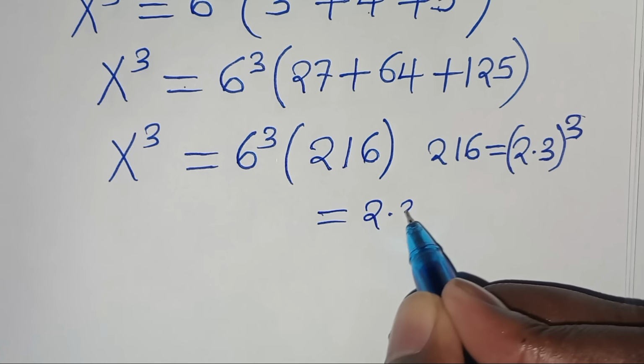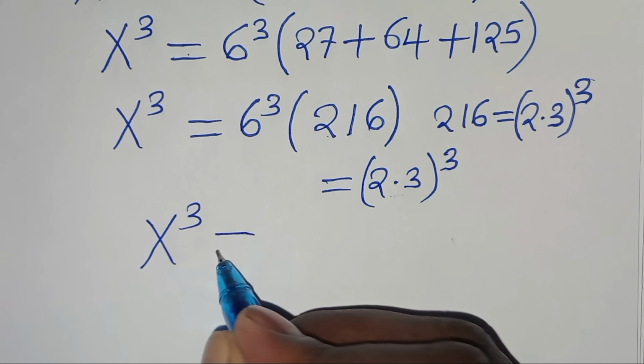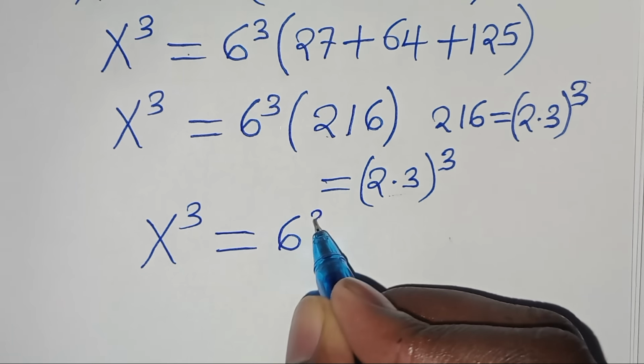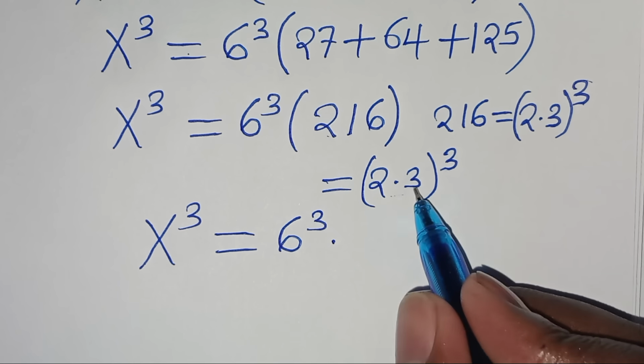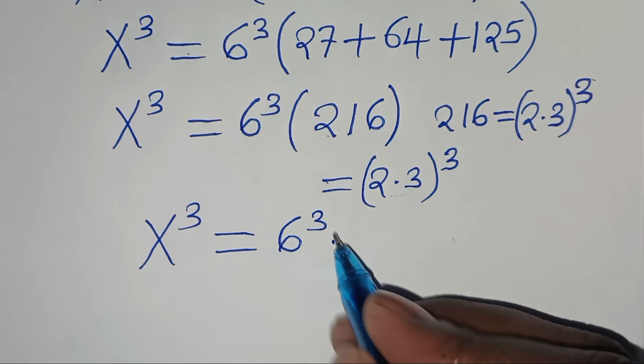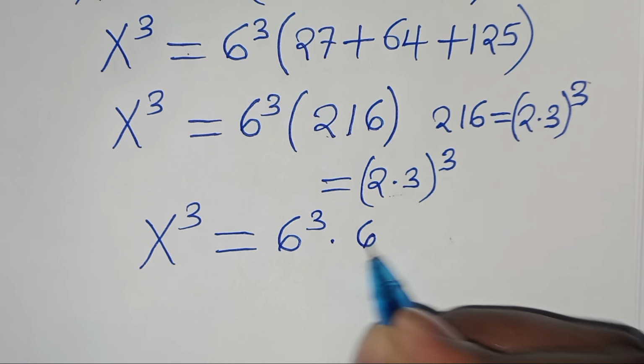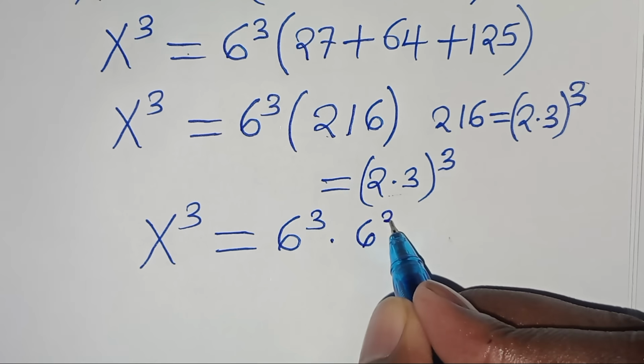So this means that x to the power of 3 is equal to 6 to the power of 3 times 6 to the power of 3.